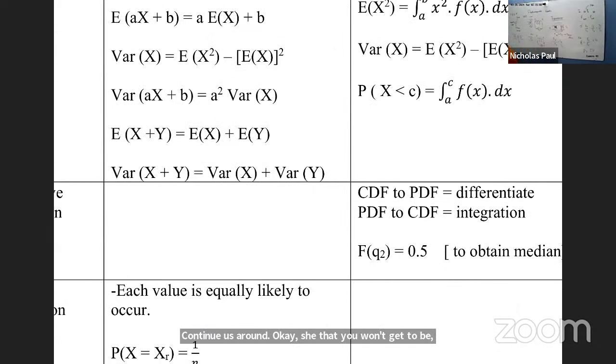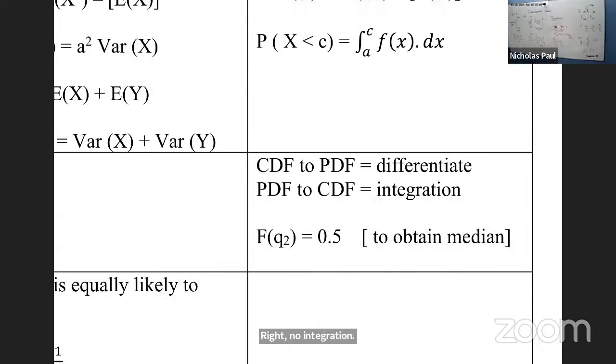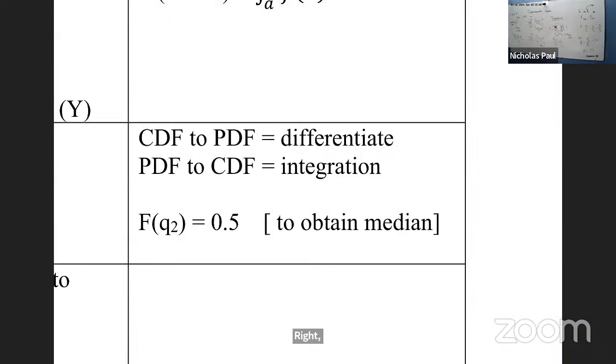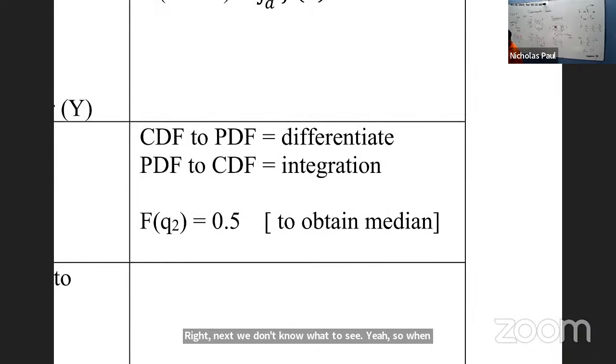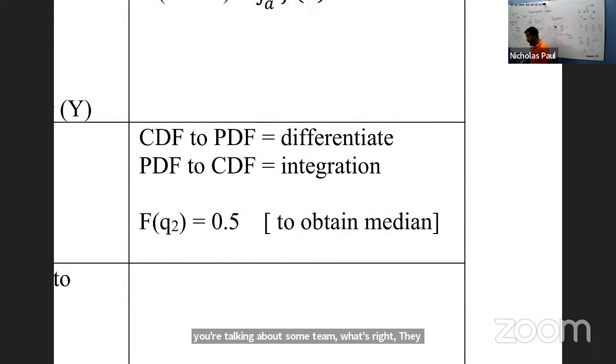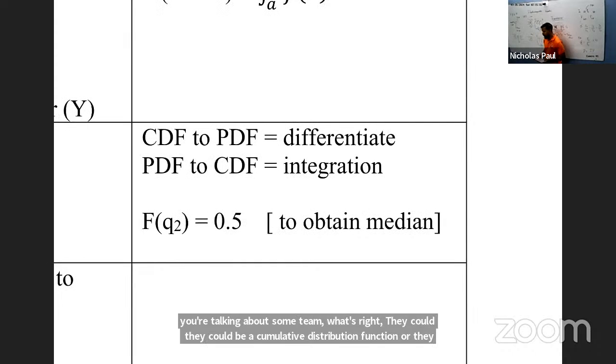Next we need to know about CDF and PDF. When you're talking about continuous random variables, they could give you a cumulative distribution function, or they could give you a PDF. What did P stand for again?